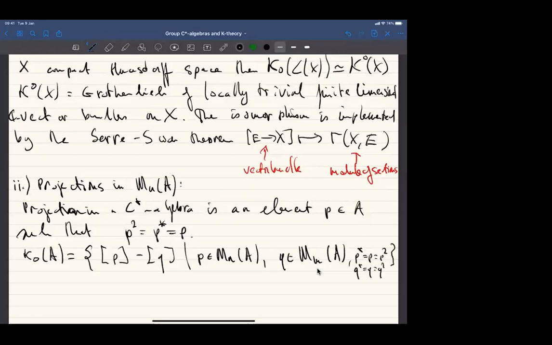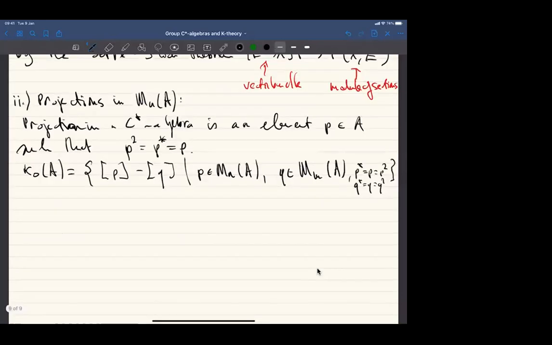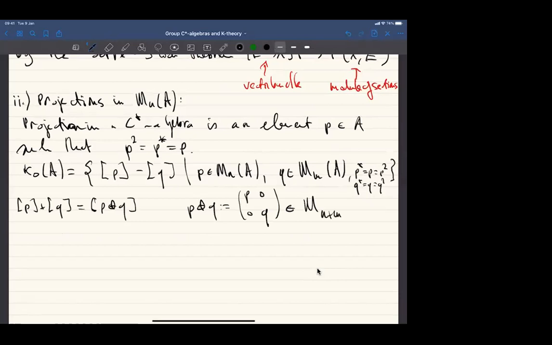And again, these are formal differences. We have the relation that the sum of P and Q is P plus Q, where P plus Q is now an element of a bigger matrix algebra. So we have to allow for all the matrix algebras of arbitrary dimensions if we want to make sense of this addition.